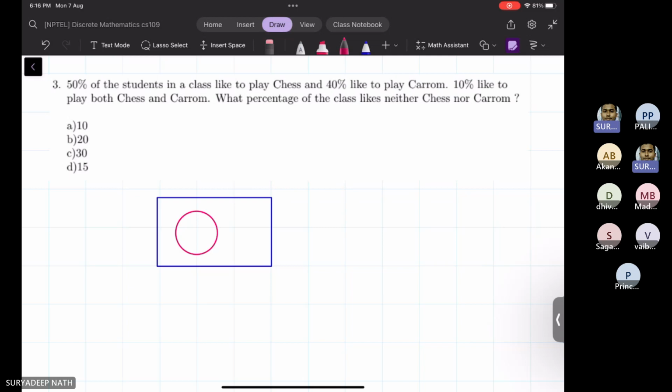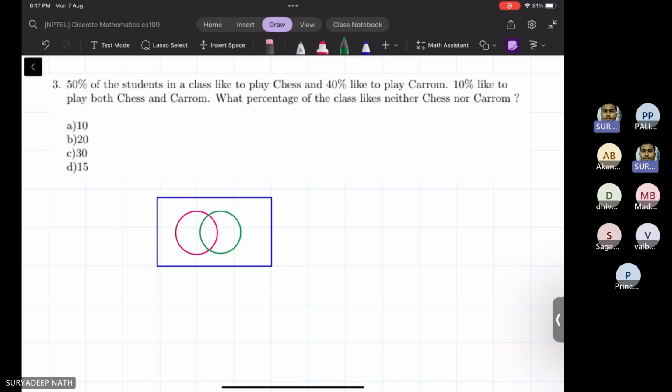And the green circle represents the set who like to play carom, and 10% lies in the overlap between chess and carom. That is, they like both chess and carom. So, what percentage of the class likes neither chess nor carom?